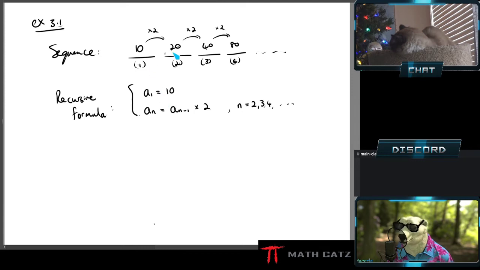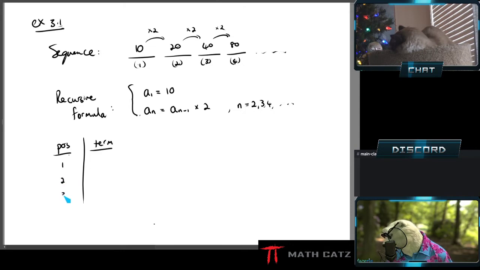Now, I've never necessarily seen this kind of sequence in this light before. It does look very similar to the powers of 2, but it won't always. It's because I start with a nice 1 here and I have a nice 2 multiplier. So I don't want to rely on that. In order for me to examine what the explicit formula could look like, it helps to make a little table and try to find a link between the position and the term in that position.